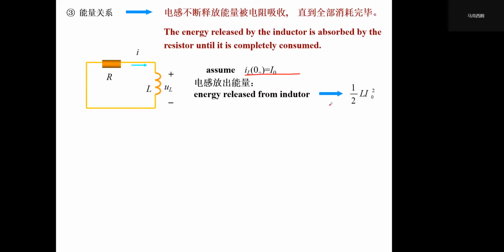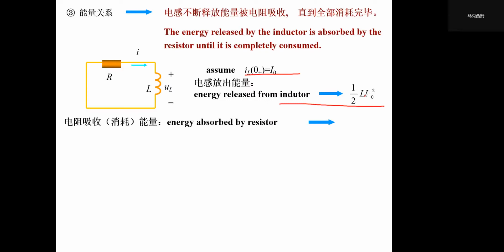The energy released from the inductor is half of the product of L and the square of I_0. And the energy absorbed by the resistor, we can calculate that. Still, we're using this formula. This is the power, and the integral of the power is the energy. And we can calculate it like this.